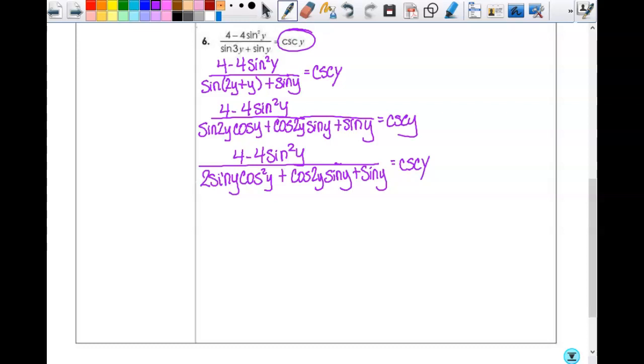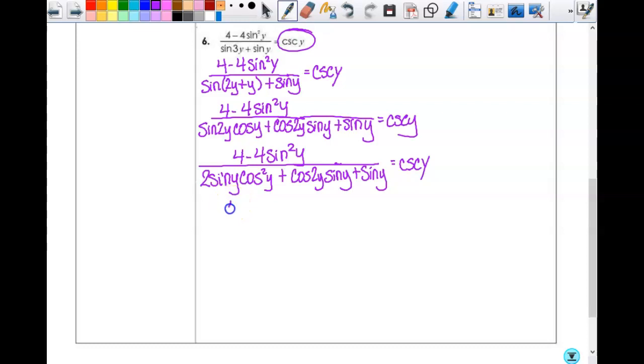All right, now look at the denominator. How many terms are in the denominator? 3. So look at each of those 3 terms. Do they have anything in common? Sine y. So can I factor, because I can't combine anything else right now. Can I factor out a GCF? Can I also factor one out of the numerator? So I might as well just go ahead and do them both at the same time.